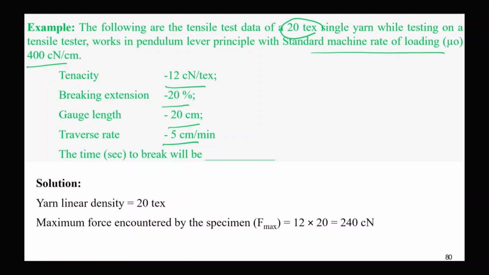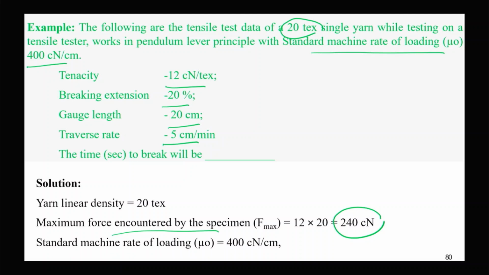In the same way we can calculate the maximum force encountered, that is the breaking load, which will be 240 centinewton, 12 multiplied by 20 tex. The standard machine rate of loading is given.